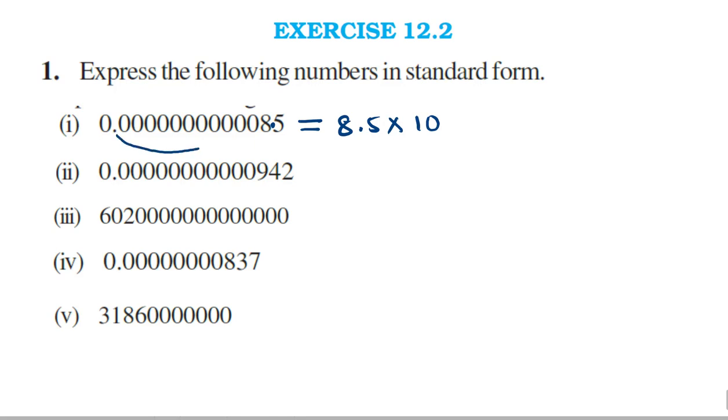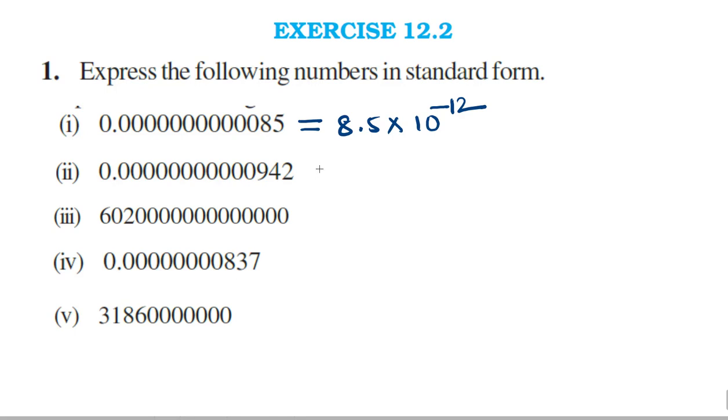The point is to be moved to the right, and we need to move 1, 2, 3, 4, 5, 6, 7, 8, 9, 10, 11, 12 digits. If we move like that, then we need to write negative 12. That means if we move the point from left to right, we need to write the exponent as negative.